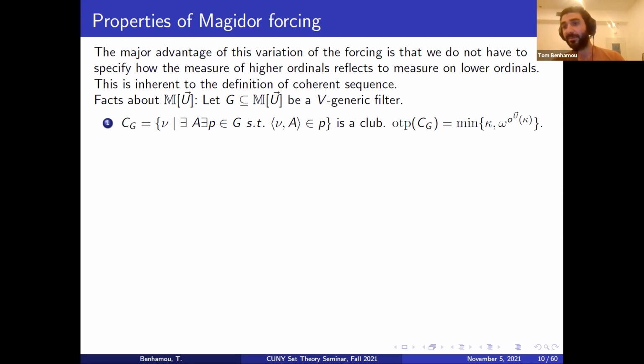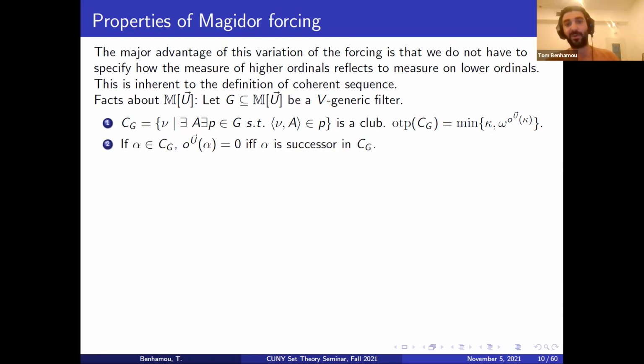It forms a club in Kappa, and the order type of this club is either Kappa, in case the order of Kappa is at least Kappa, or omega to the order of Kappa, where the power is ordinal exponentiation. We will see in the next slide examples where the order of Kappa is, for example, 2, then the order type of CG would be omega squared in the sense of ordinals. So this is the first fact.